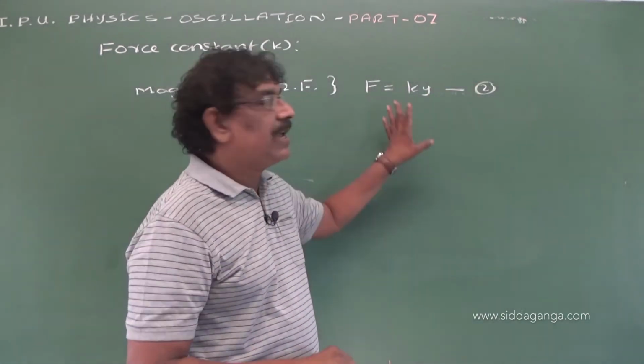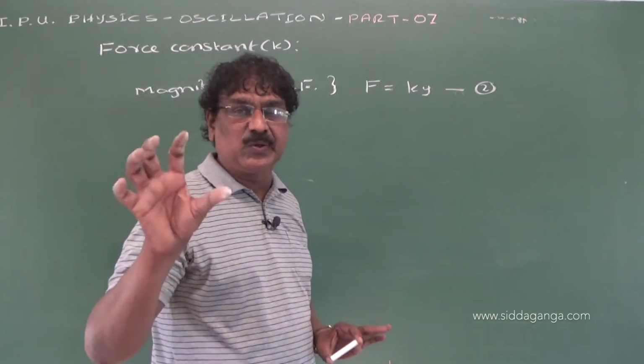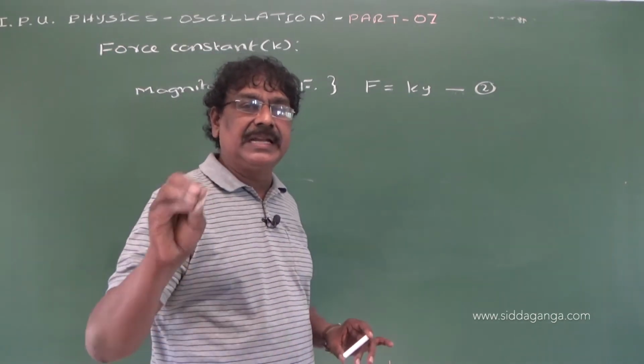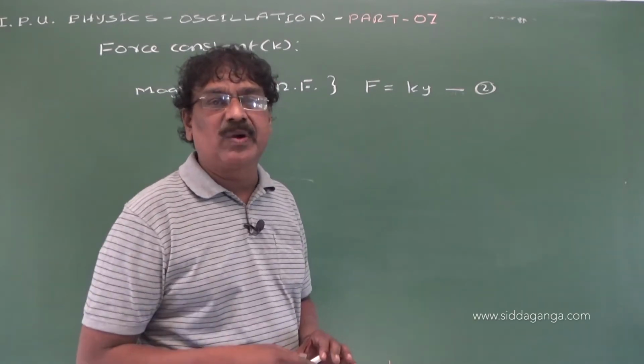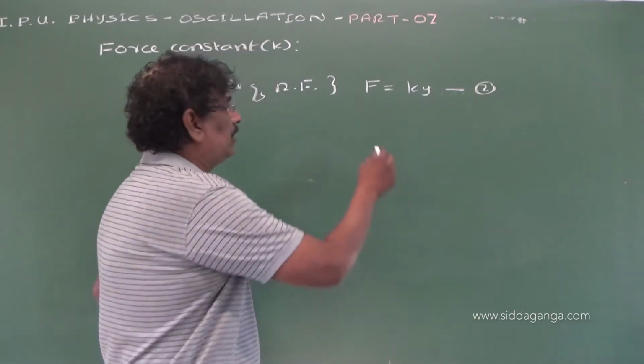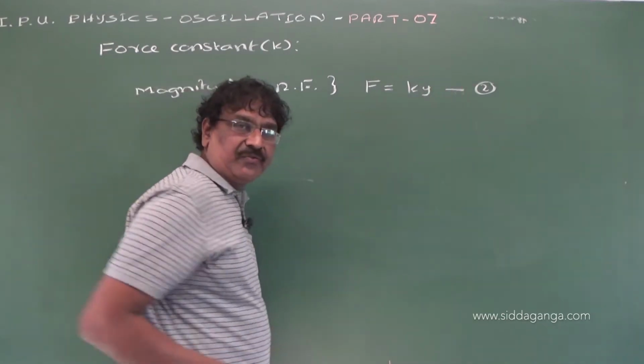Now we have neglected the negative sign because it indicates only one fact, that the force is directed towards the mean position. So this is the magnitude of the restoring force.